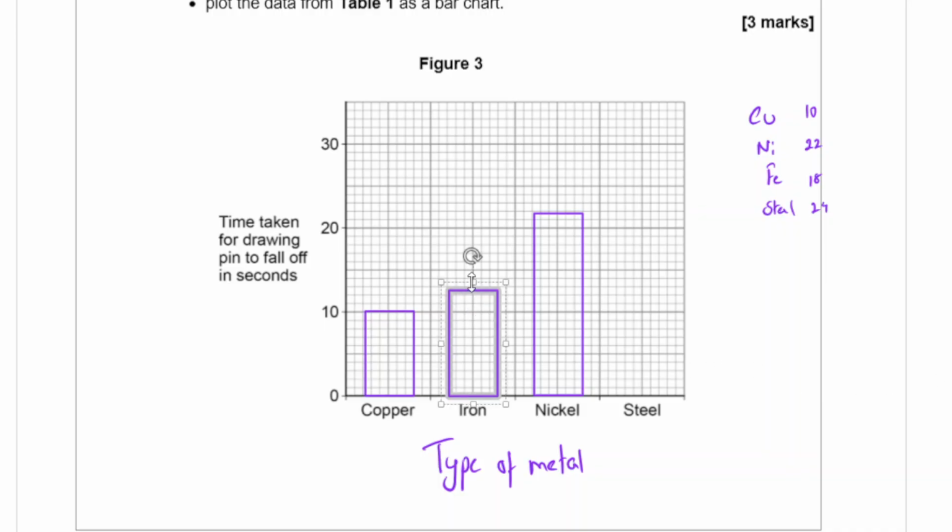Iron is 18, a little bit bigger. There you go. And steel is 24. There you go.